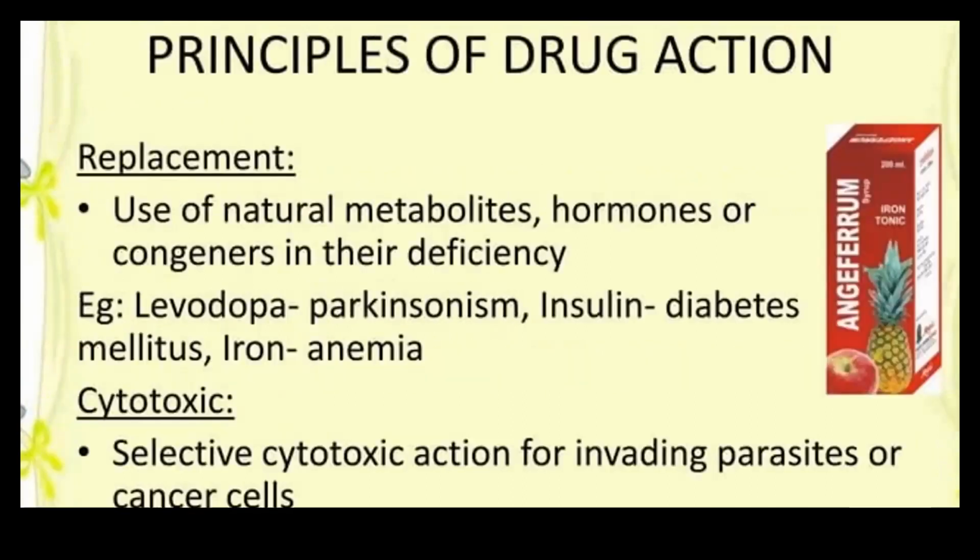Another type is replacement. What is the replacement effect? This refers to the use of natural metabolites like hormones or their congeners in deficiency states. For example, insulin is the replacement given for diabetes mellitus. In Parkinsonism, levodopa is given.